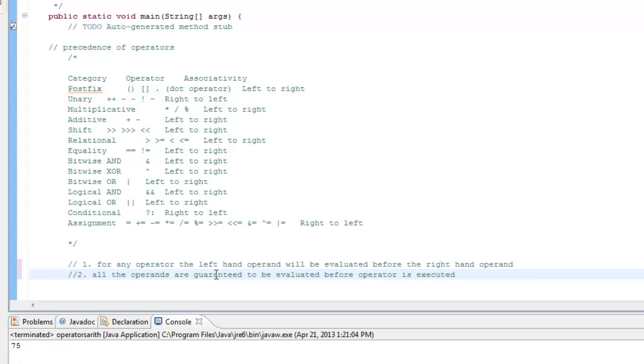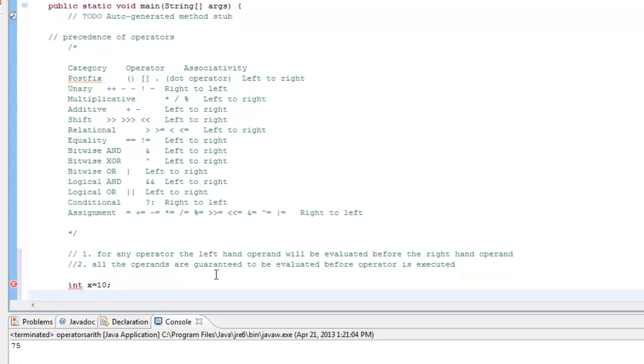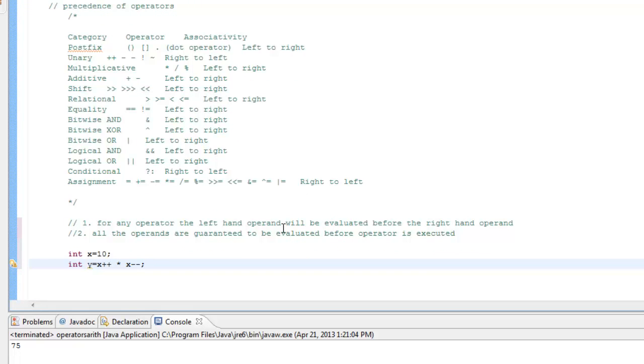So this means in case I have int x is equal to 10 and I say int y is equal to x plus plus, say, multiplied by x minus minus. In case I see the precedence table, let us put one as post and one as pre.